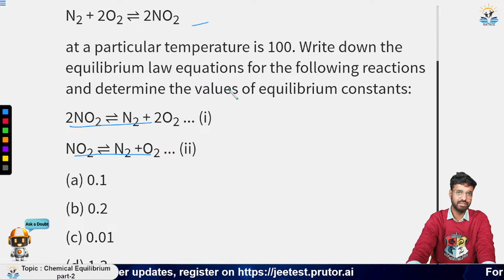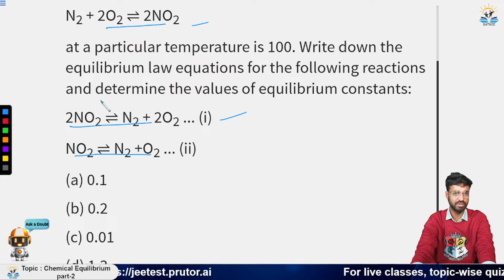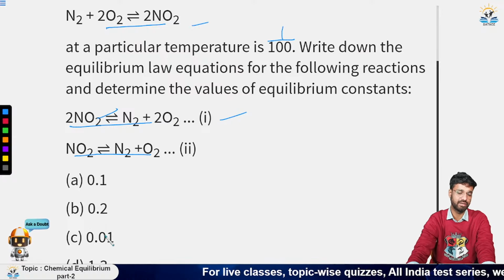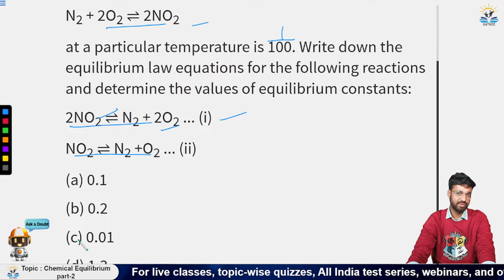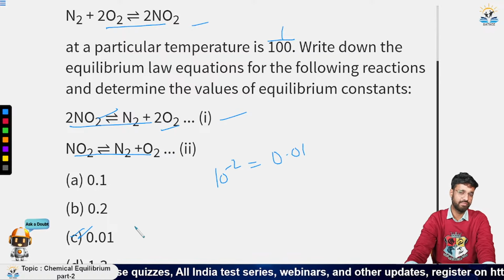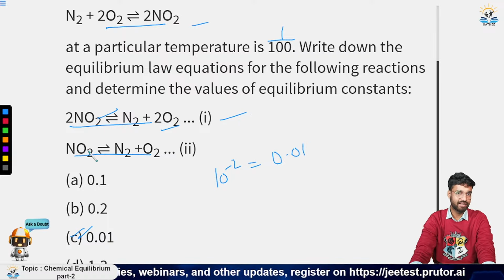If you compare this and this equation, they are nothing but the reversal of each other. So if we reverse this equation, we'll get this equation. If we are reversing it, we will get the reciprocal, that is 1 by 100, so it will be 0.01, because 10 to the power minus 2 is equal to 0.01. So this is the first answer. The second one is multiplied by a factor of 1 by 2.